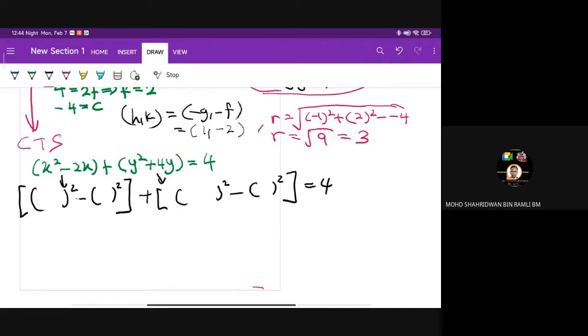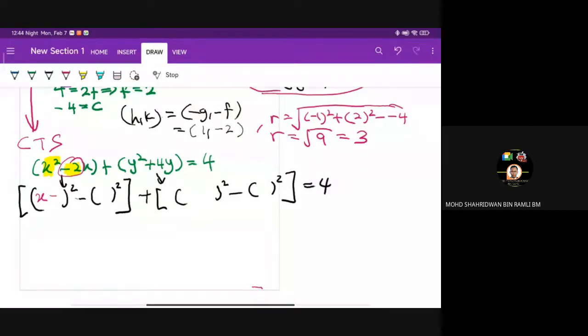As you can see, for x squared the coefficient of x is minus 2. So we manipulate this: x, and then minus 2 divided by 2 is minus 1.